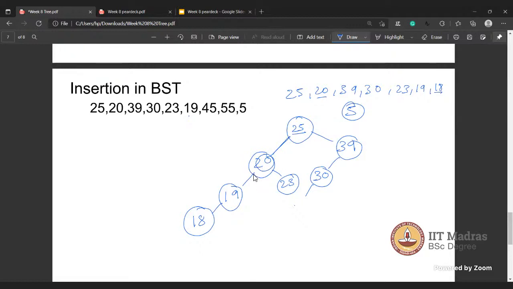It is less than 20, go left. Then compare with 19, less, go left, and 18, less than 18, so go left like this. Okay, sir, got it. Thank you.